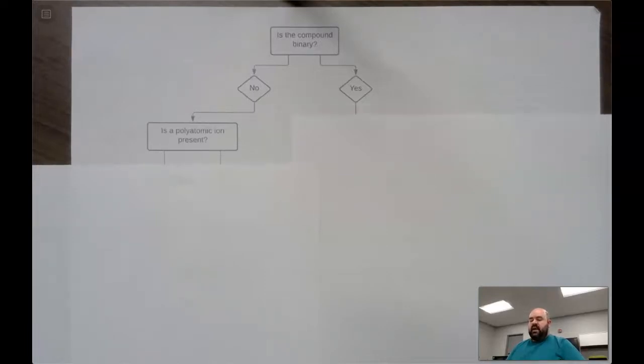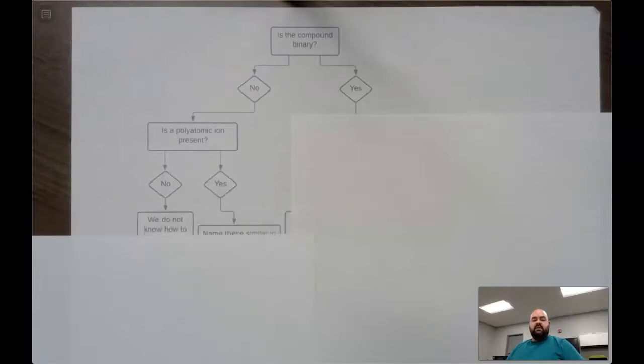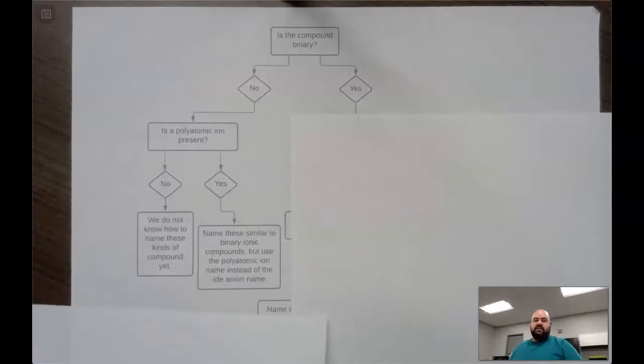This is another yes-no question. If the answer is no, there's not a polyatomic ion that you recognize, then don't worry about naming that compound. I'm not going to ask you to name something we don't know how to name. If there is a polyatomic ion, you name that similar to the binary ionic compounds that we have named so far, so you name normally.